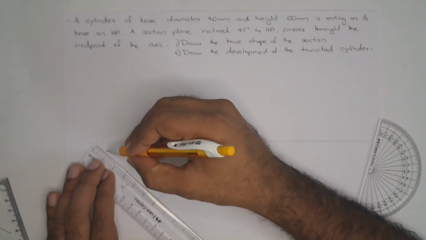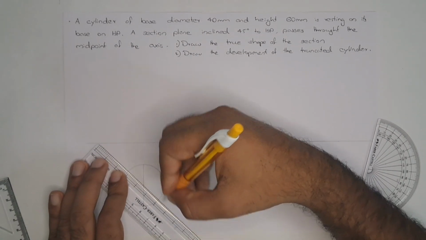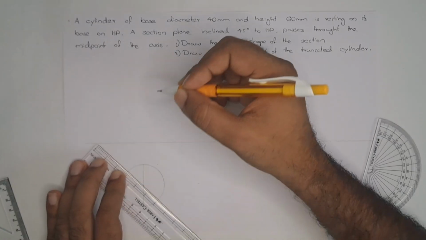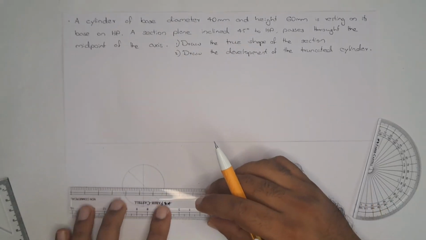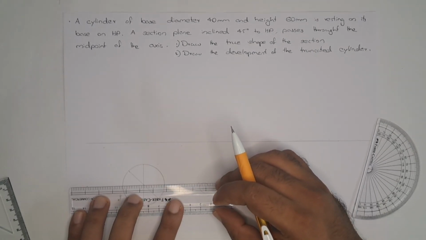Now we can connect the points with thin lines. We can mark the generators.